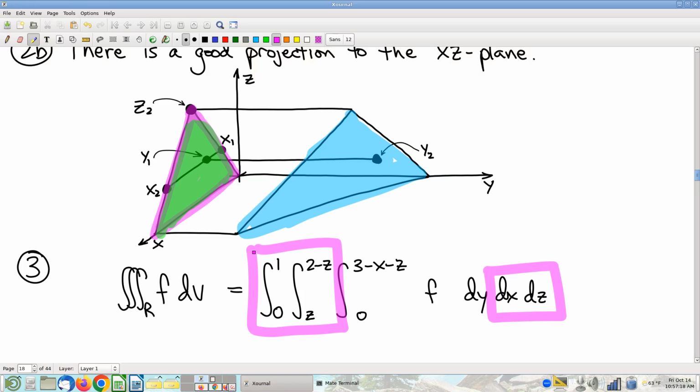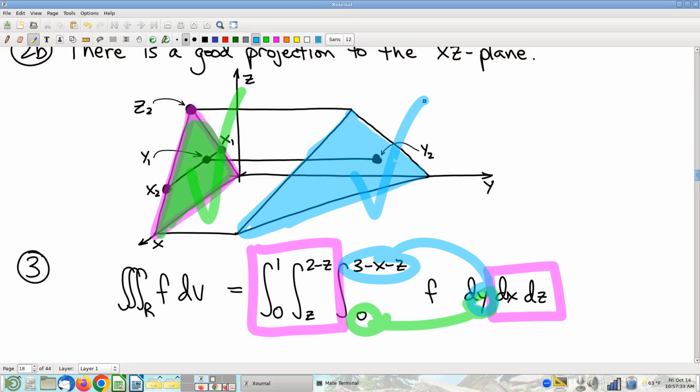Easy bounds. And then you notice that your lower Y bound is 0 because of that plane. Your upper Y bound is this because you can solve for Y on that surface. And again, easier approach.